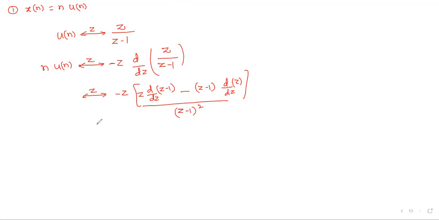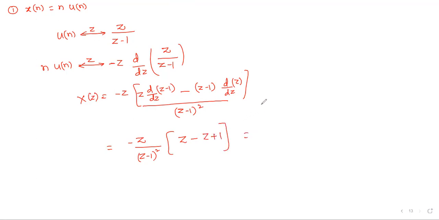Now let me write this as x of z. So x of z is equal to minus z by (z minus 1) whole square into, z minus 1 differentiation will become 1. That means (z minus 1) minus z into 1.